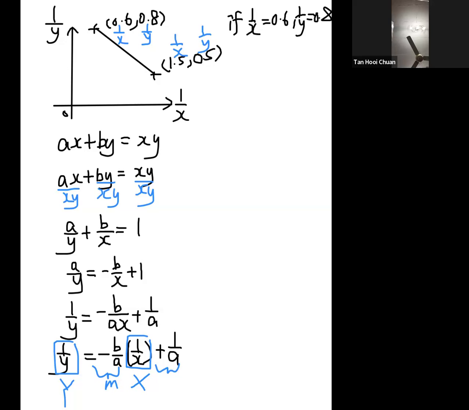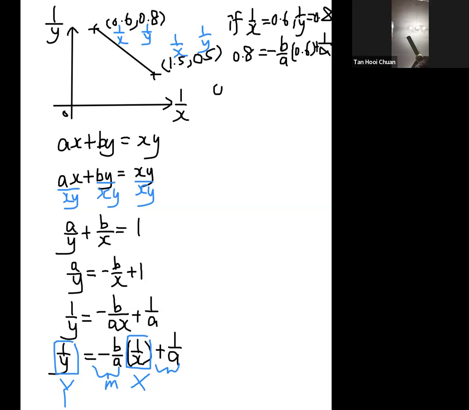Put inside. So it's 0.8 equal to minus b over 0.6 plus 1 over a.